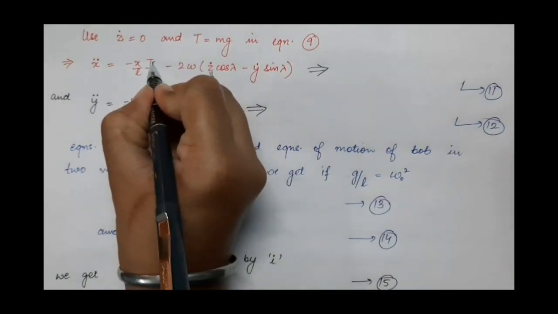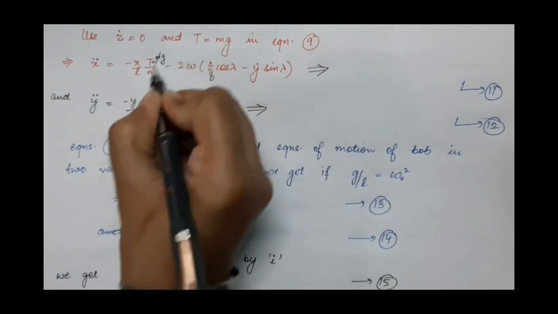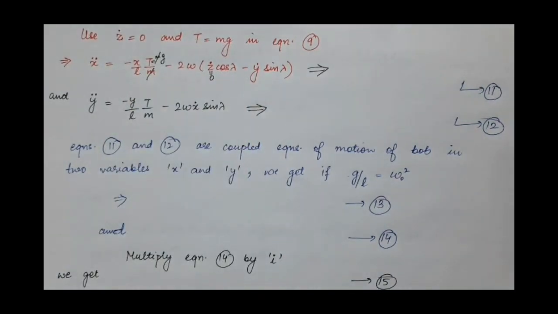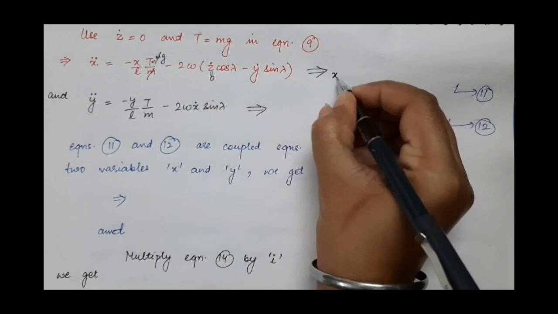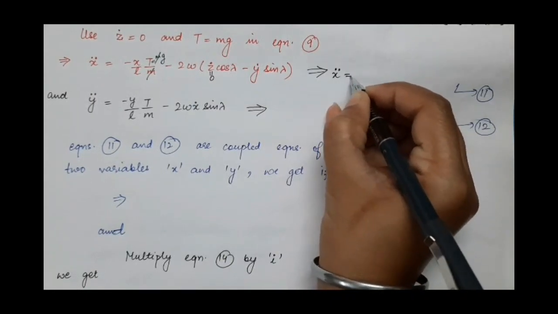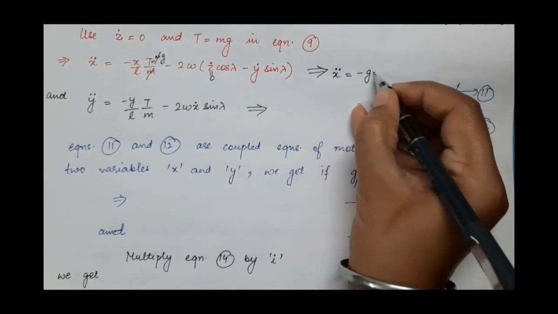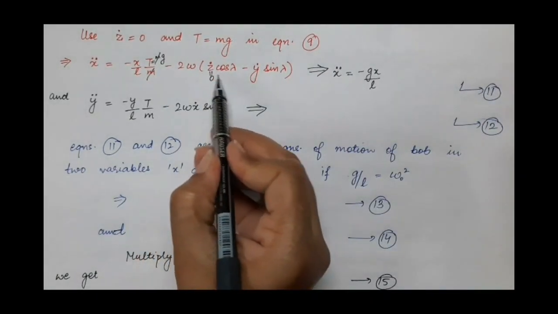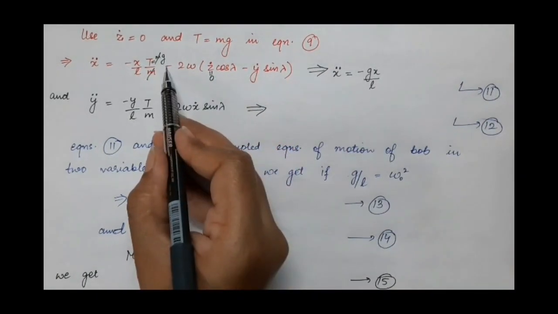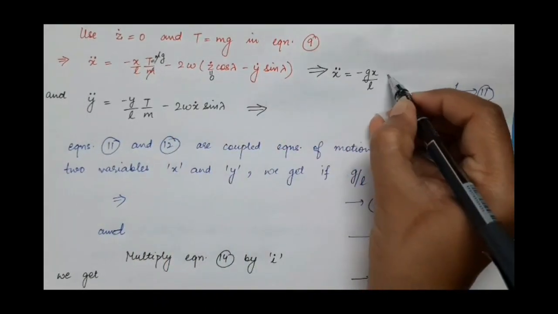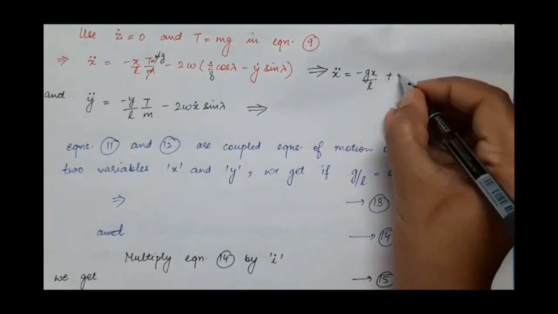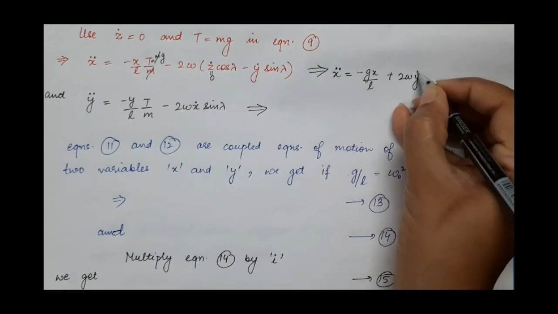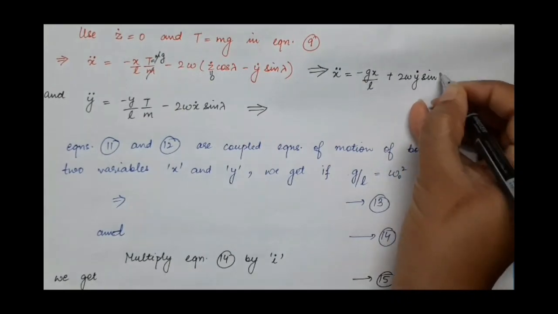When you put T equal to mg here, this m and m will be cancelled out and you will get that x double dot is equal to minus gx by L. Then this portion will be 0 and this minus and minus will be plus 2 omega y dot sine lambda.